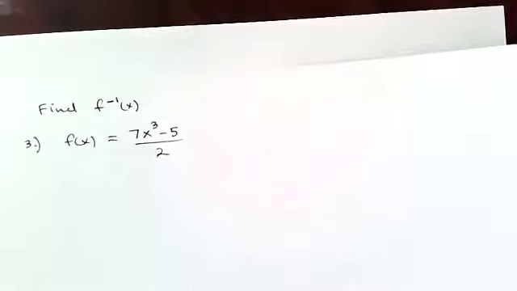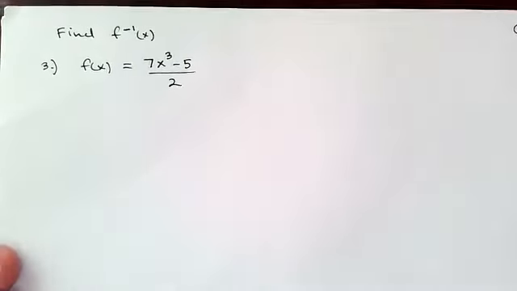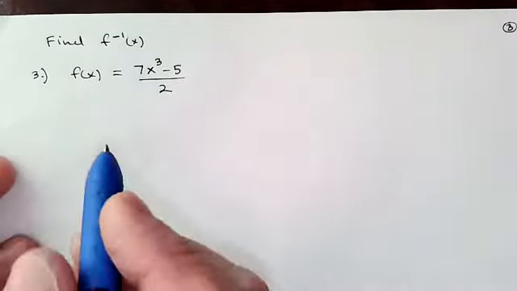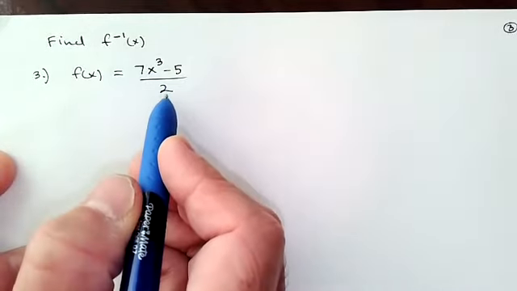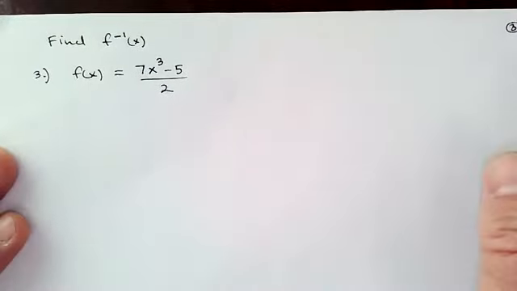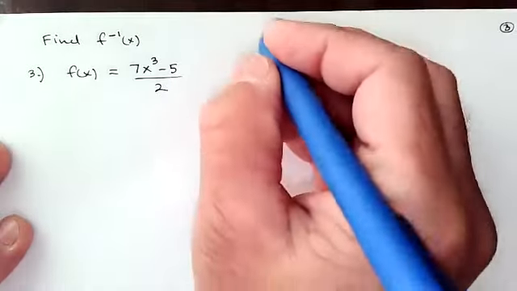So the next thing to work on is how do you find an inverse if you're given a function? You should be able to find the inverse. So I want to find the inverse for f of x equals (7x cubed minus 5), the whole thing divided by 2. A lot of students and teachers think of it as a two-step process, like a recipe you follow.